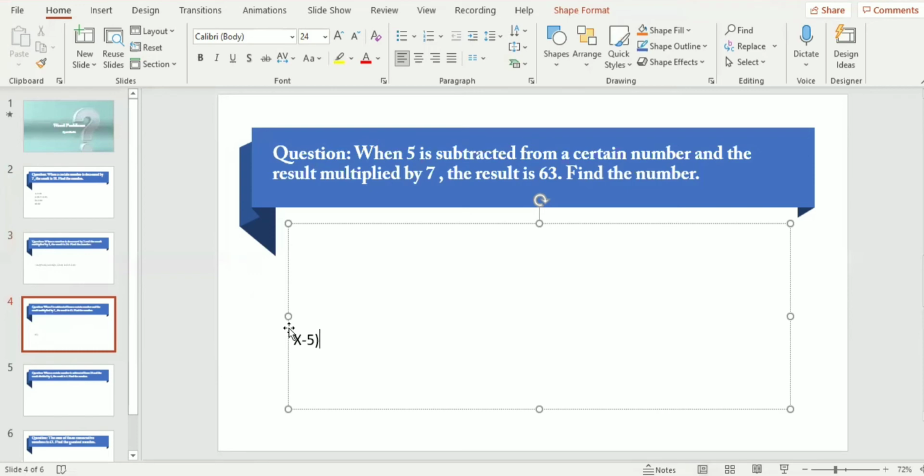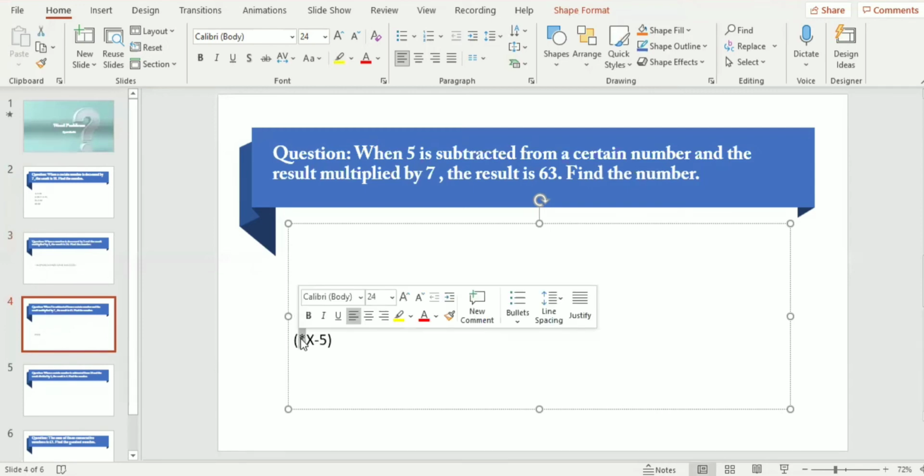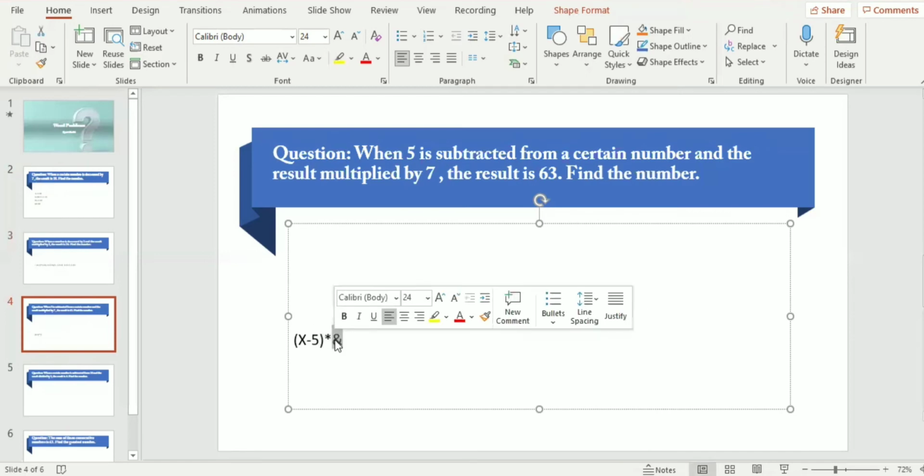Again we have the same situation. Here they have used the term subtracted rather than decreased, but you don't need to be confused by this because the logic is the same.